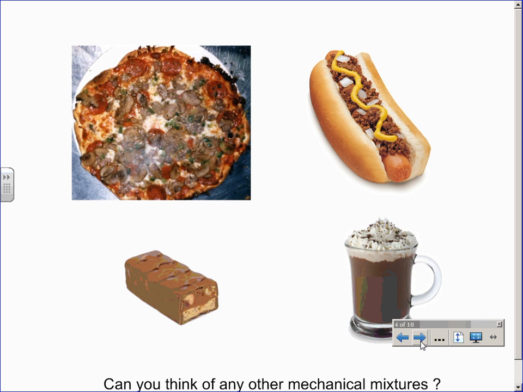These are mechanical mixtures because you can see all of the different things that make up the mixture. Mustard, onions, chili, hot dog. Delicious.